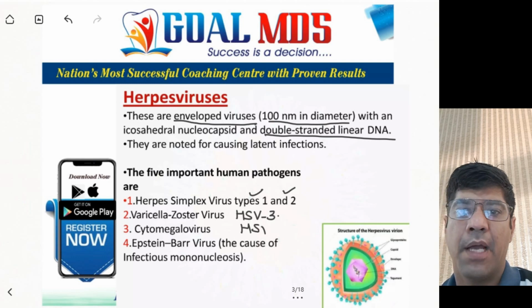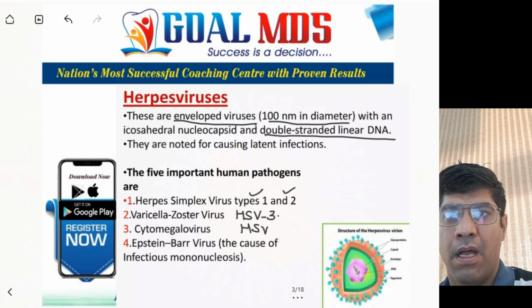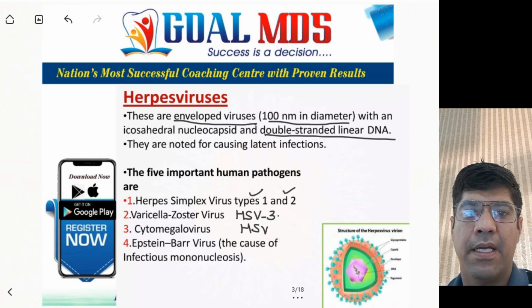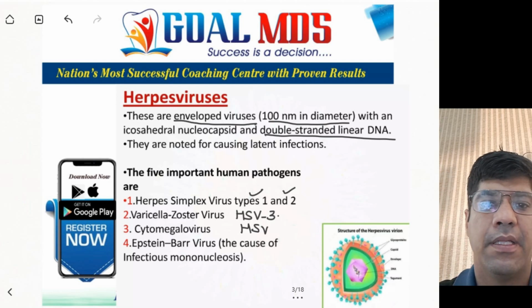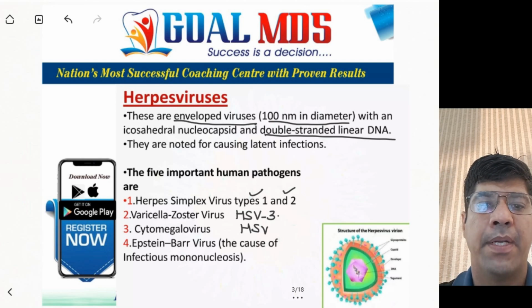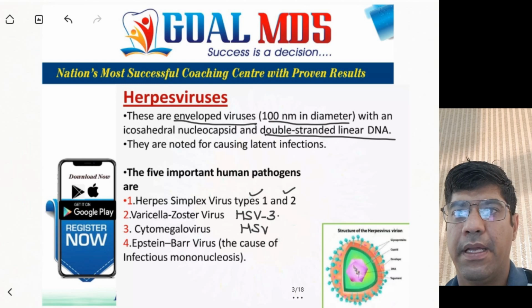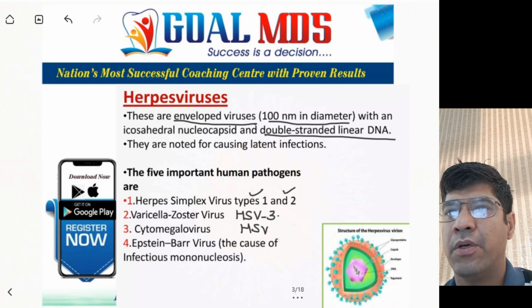More recently, herpes virus types 6, 7 and 8 have been discovered. Remember the type 8 is known as Kaposi sarcoma.